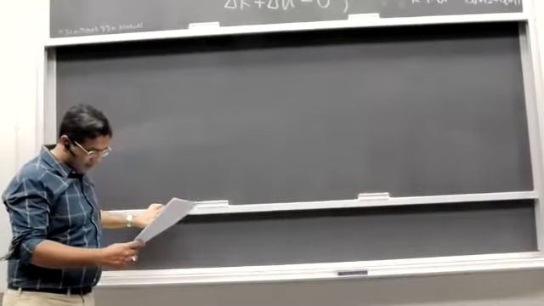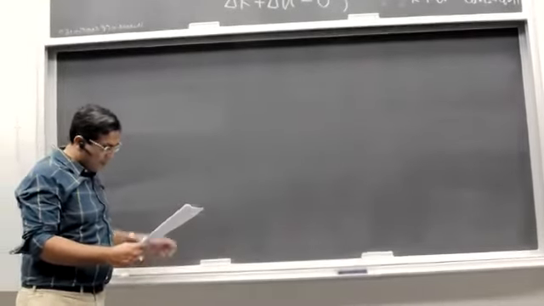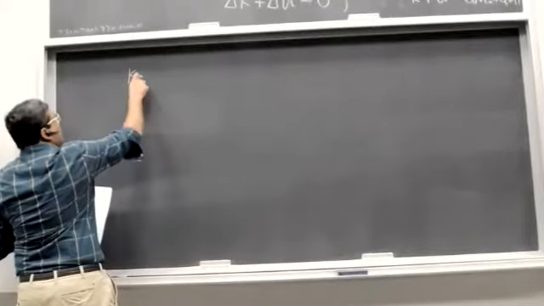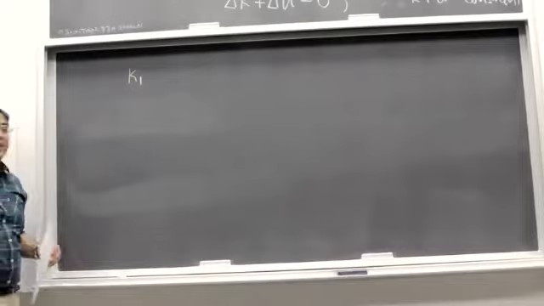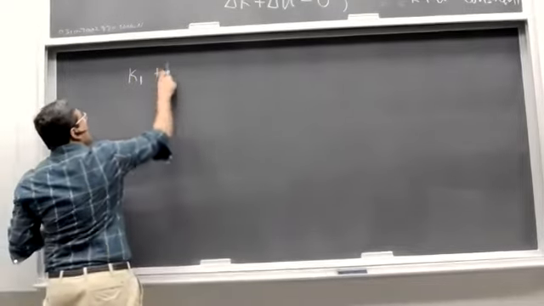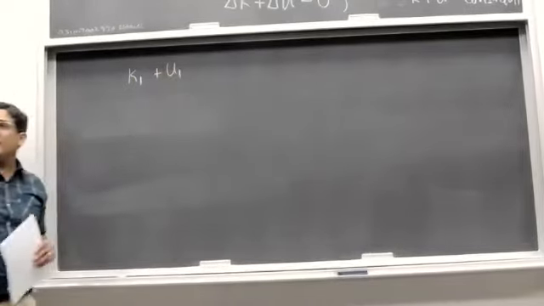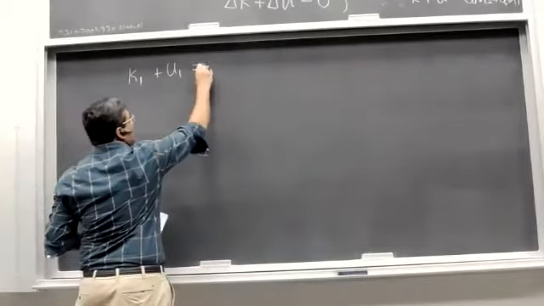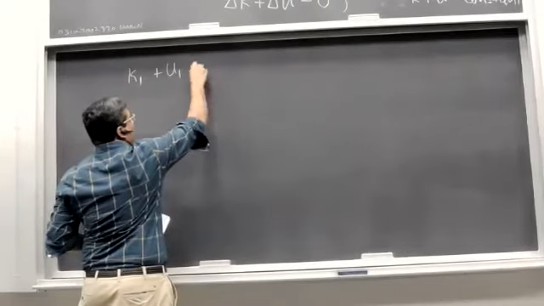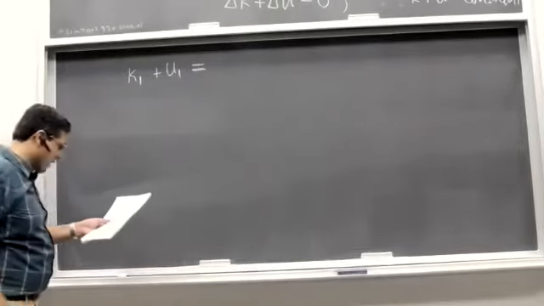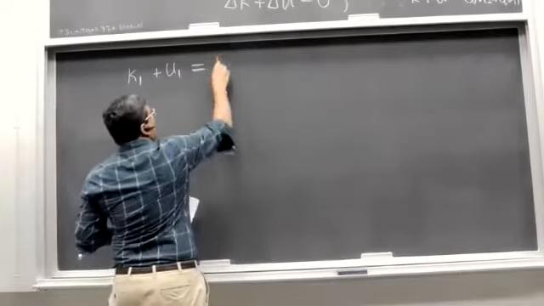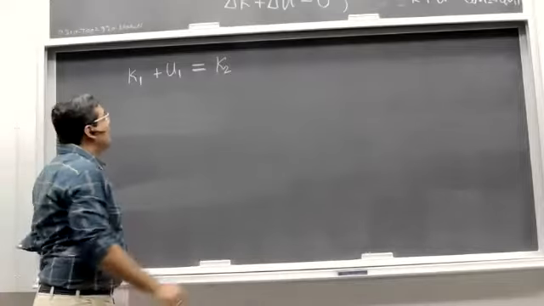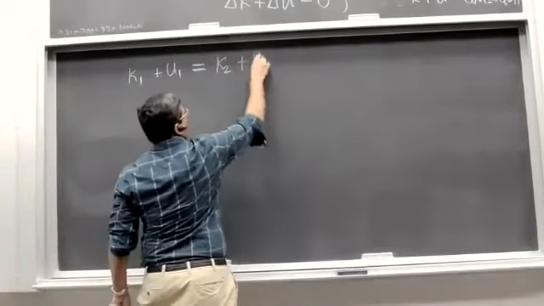So this also means, for example, if initially K1 is the kinetic energy of the system and U1 is the potential energy of the system, at a later stage, when the system has moved and its kinetic energy has changed, this is only possible if its potential energy has also changed.